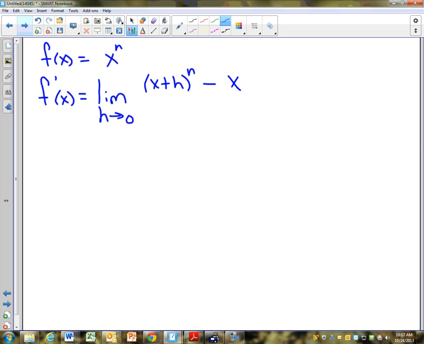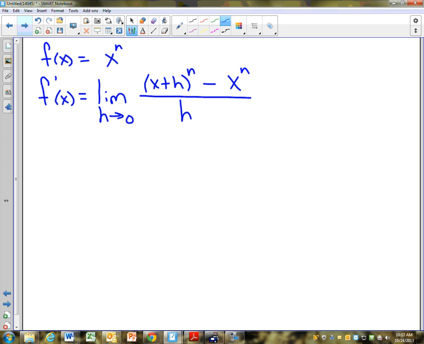Minus x to the n, all over h. Well, let's just look at it from the outset, you guys. I got a minus x to the n. In front here, I'm going to have an x to the n, right? They will cancel. But let's work this out just a little bit so you can see the beauty behind it.